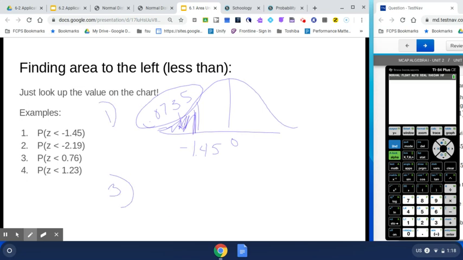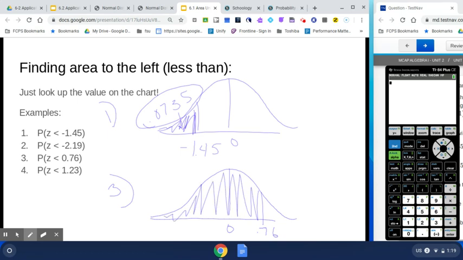All right, let's jump down to number 3. This is a positive z-score. So when I'm drawing this distribution, now my line is going to be to the right, and our z-value is 0.76. And again, we're finding a left shaded region so that z is less than 0.76.